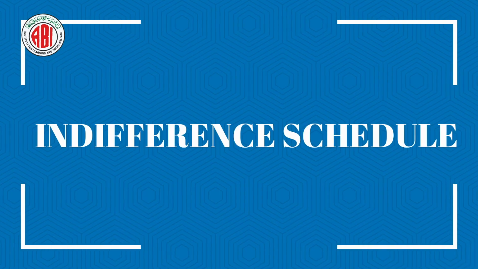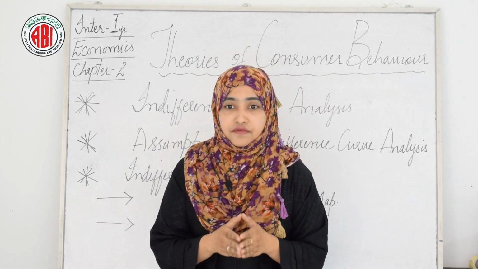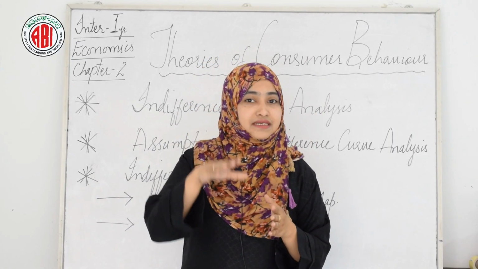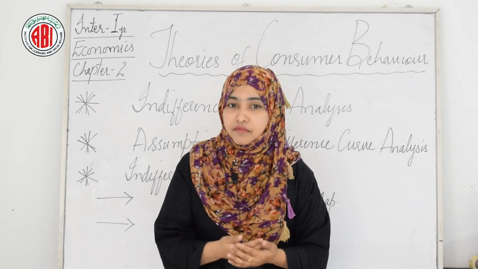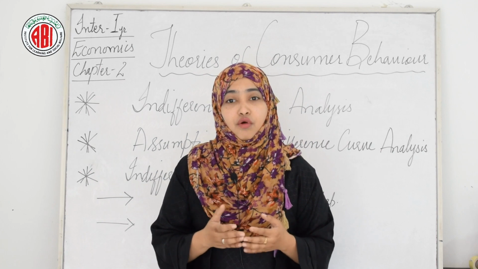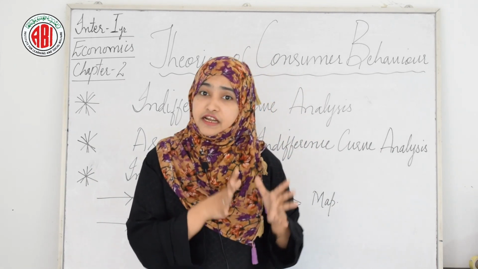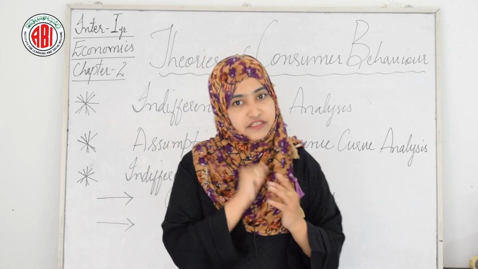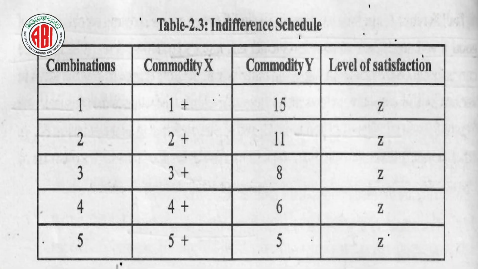Now we will see the indifference schedule. An indifference curve is drawn on the basis of an indifference schedule. Exactly, it may be defined as a schedule of various combinations of two goods which yield the same level of satisfaction. Get it? So, see this table of the indifference schedule.